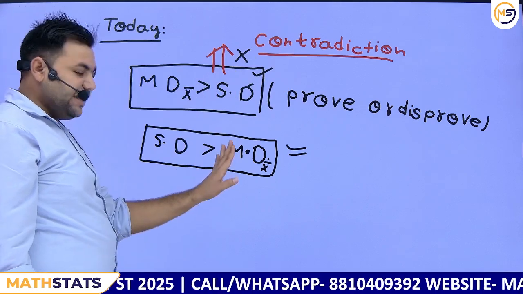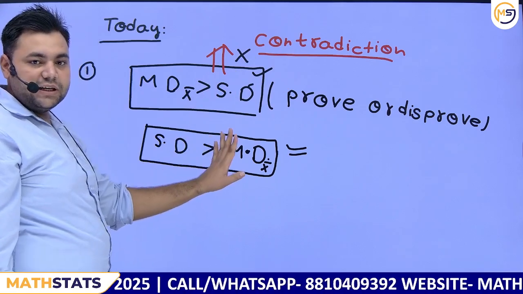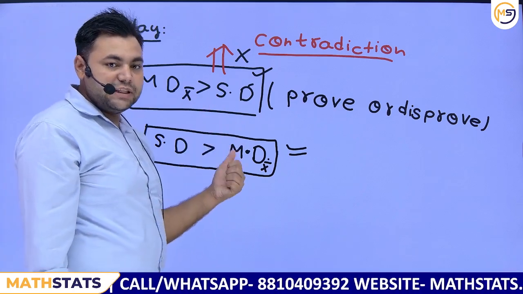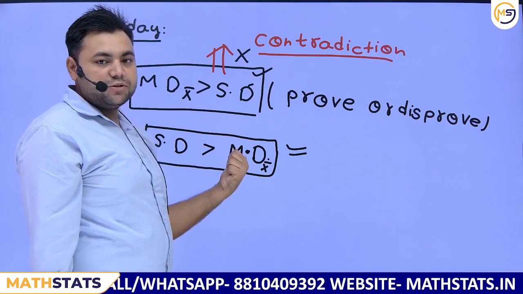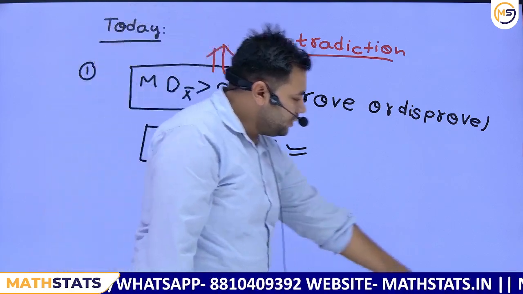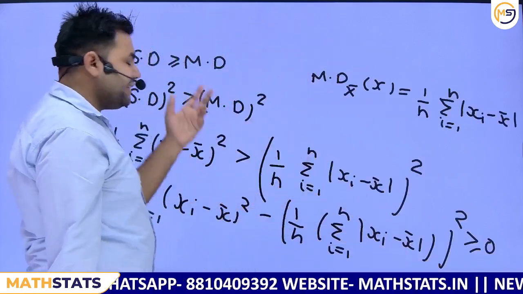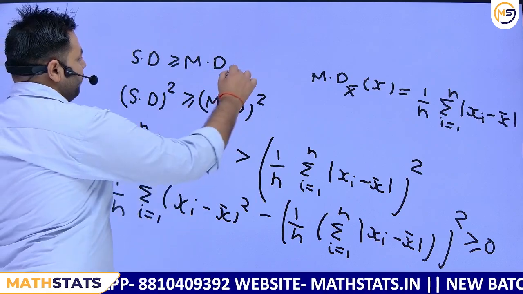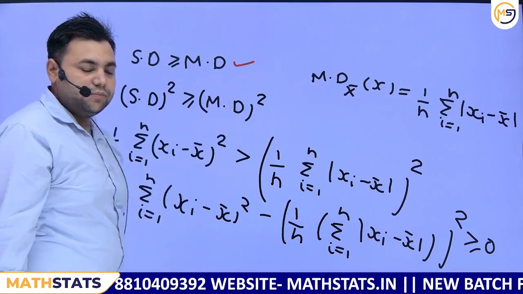But here you find a result that is always true, so this result is always true. So this is the proof of SD greater or equal to MD. This is a theorem.